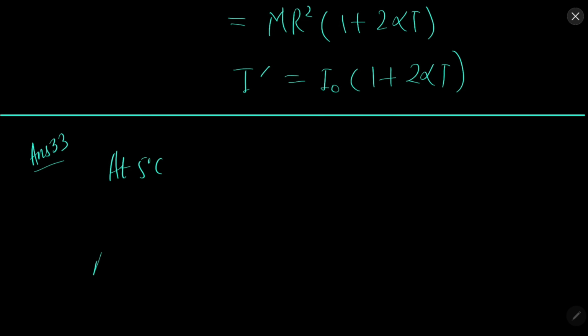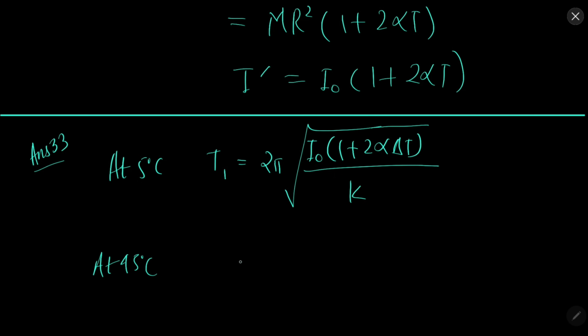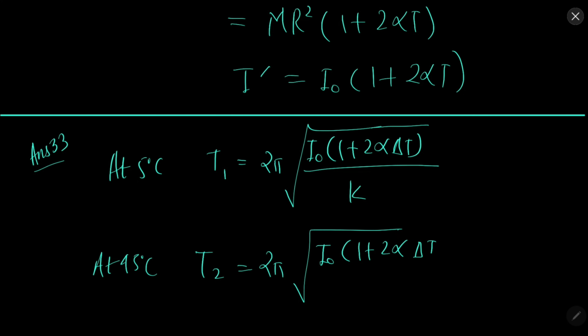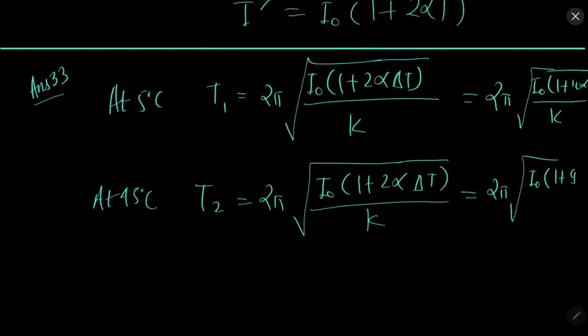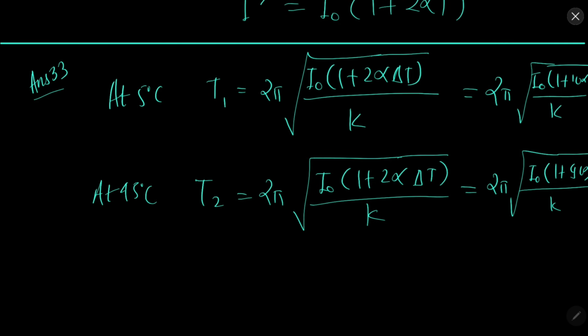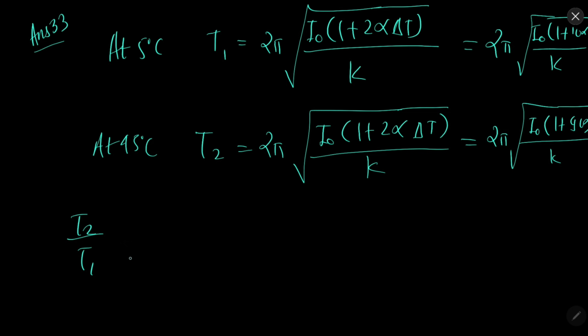At 5 degrees Celsius and at 45 degrees Celsius, it will be 1 plus 2 alpha del T. So 2 pi root 1 plus 2 alpha del T. When we put the values, it will be I naught 1 plus 10 alpha over K, and I naught 1 plus 90 alpha over K. Taking the ratio, we will obtain 1.00216 over 1.00024.